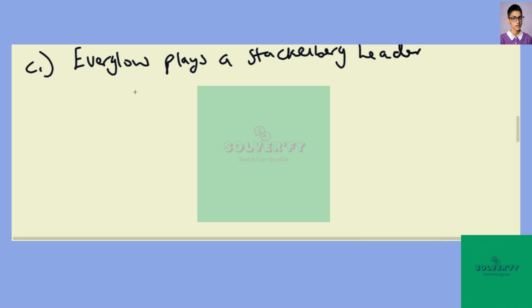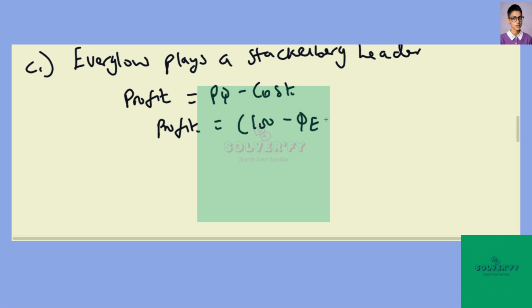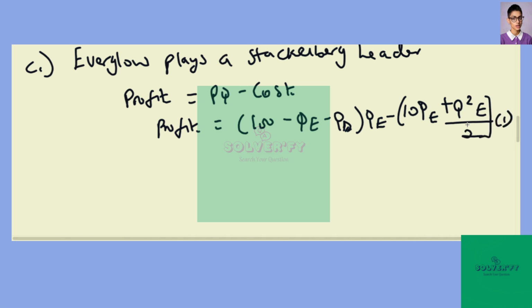Its profit function will be PQ minus cost, and then profit will be (100 minus QE minus QD) times QE, minus (10 QE plus QE squared divided by 2), and this is equation 1.